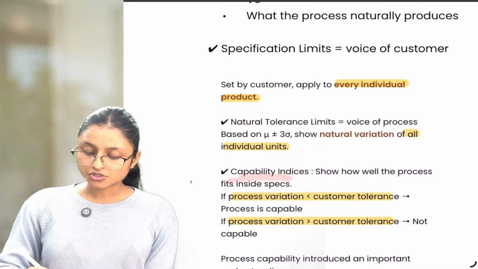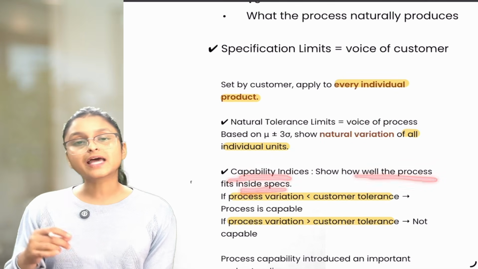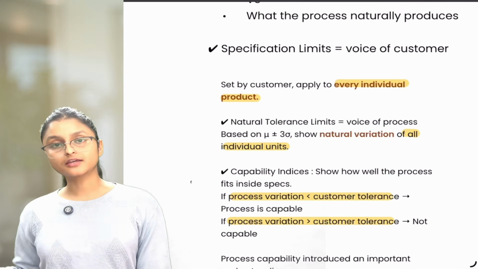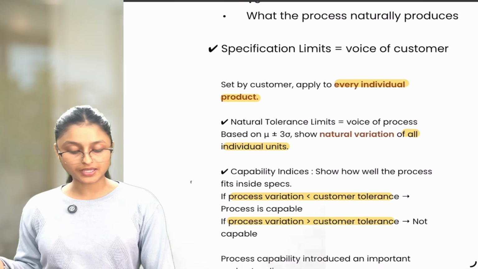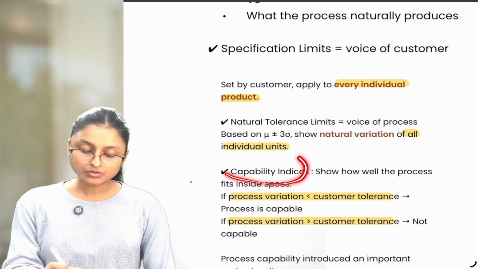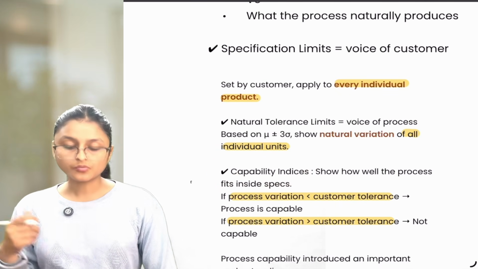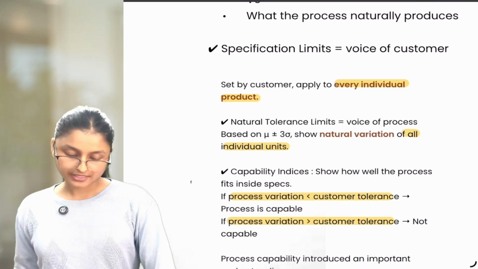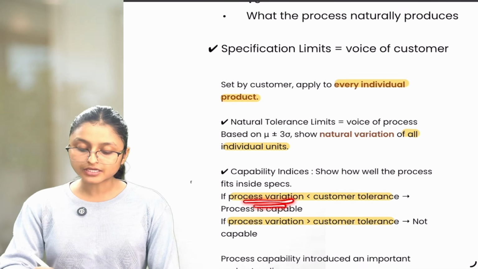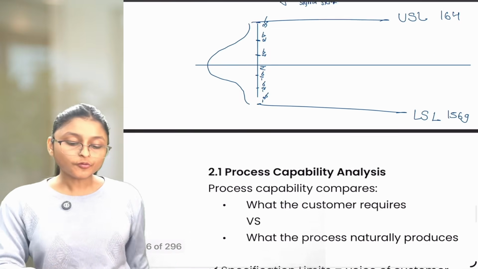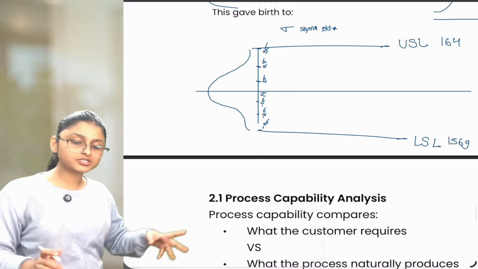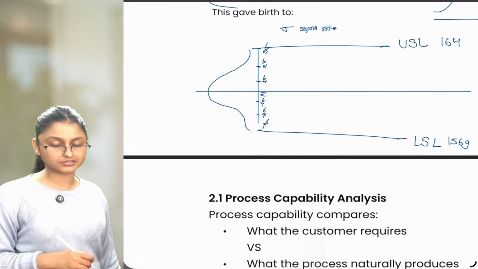Capability indices show how well the process fits inside specs. So to check whether your process is able to produce as per the specification limit set by the customer, we use capability indices. What do capability indices tell us? If the process variation is less than the customer tolerance, then the process is capable. Now what does it mean? Process variation is denoted by your natural tolerance limit.